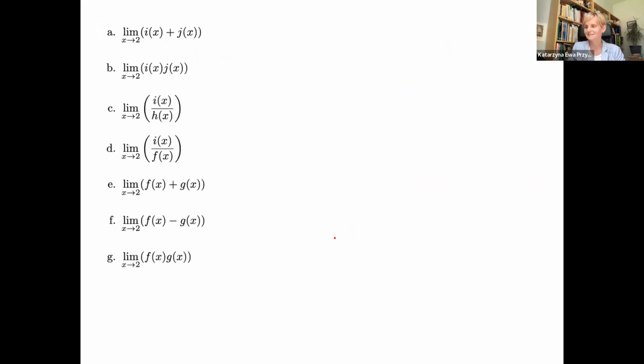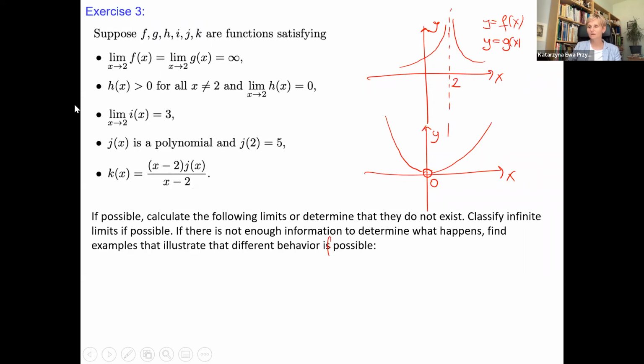Okay, let's see. So we have this, and we will be done. Okay, the first thing we have to check, I will check the slides because I have to check the condition. Okay, limit at 2, i and j. Let's check. Function i was free at 2, and j, we know that function is continuous and the value is given, then the limit at 2 will be just the value at 2.